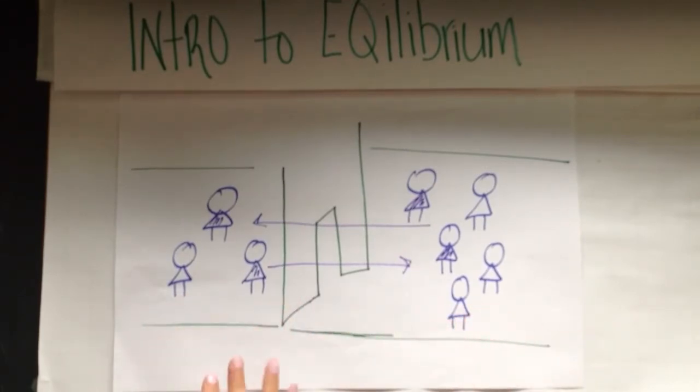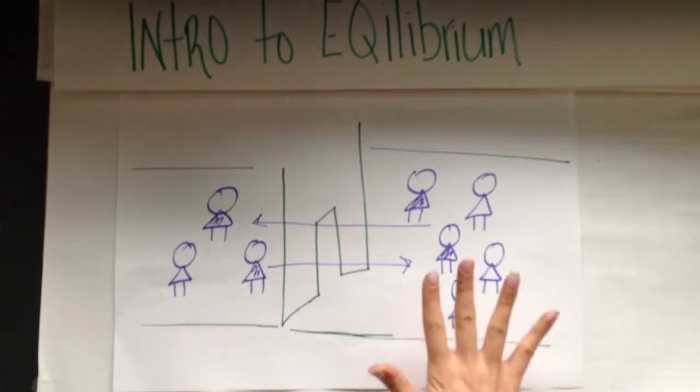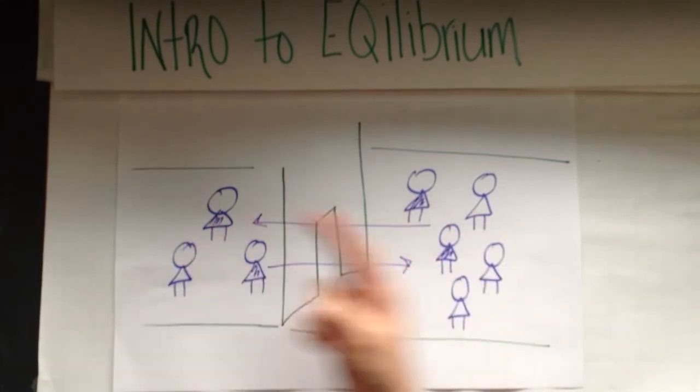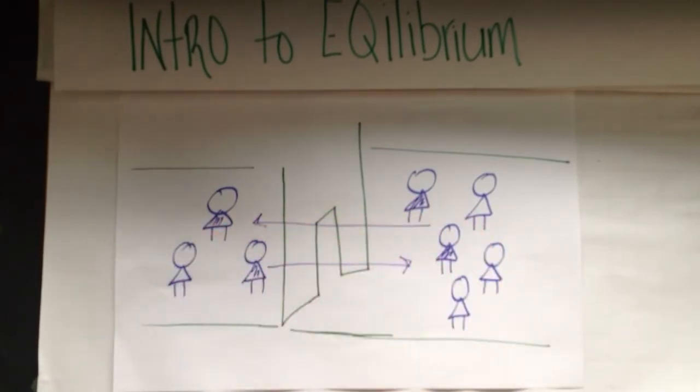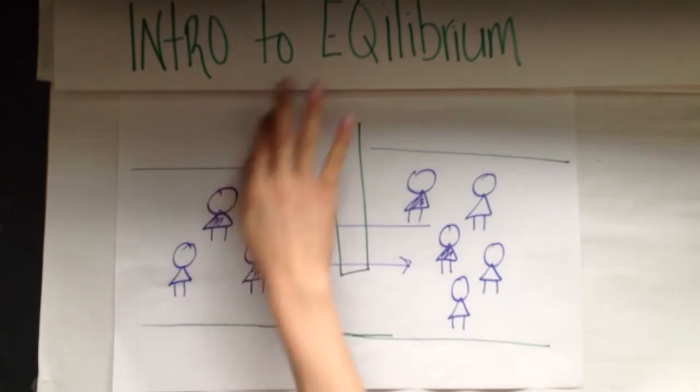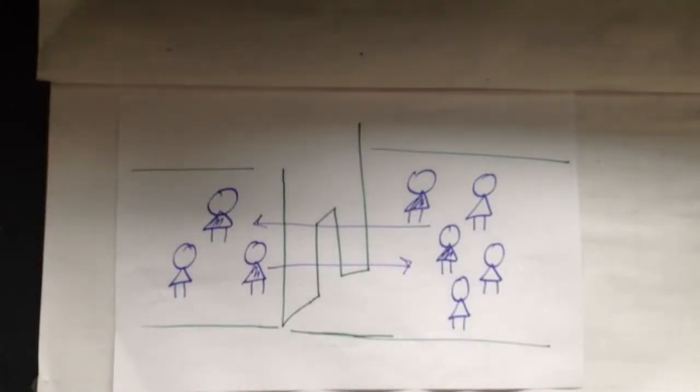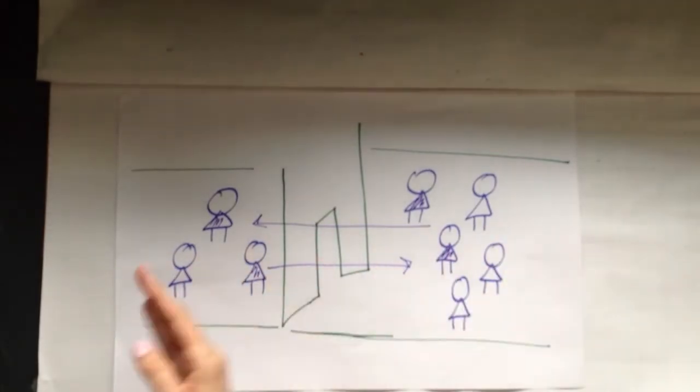So the amount of people in each room will always remain the same, even though it's not the same total amounts. 3 and 5 don't total each other, but 3 will always remain in this room, and 5 will always remain in this room thanks to the constant exchange. And that constant exchange, for equilibrium, means that we've reached a constant rate. It's the rate at which things are happening.